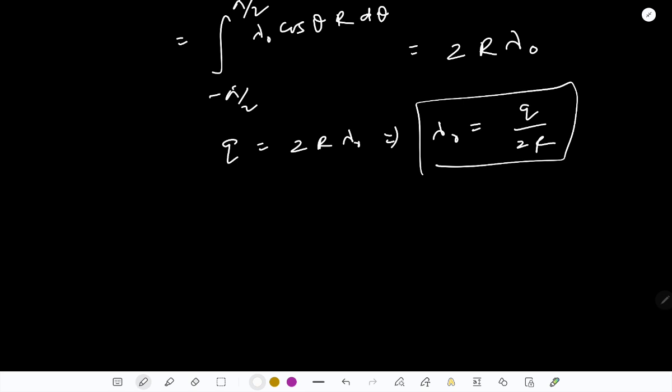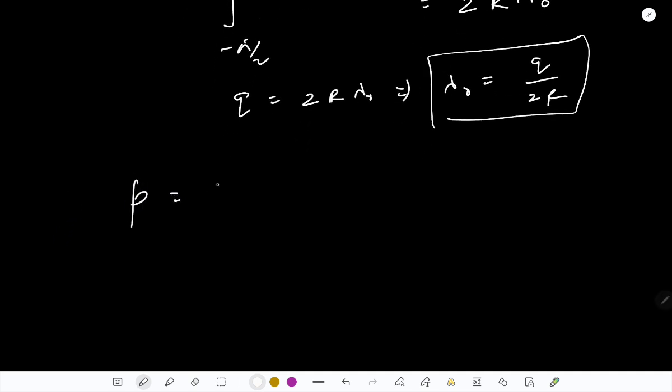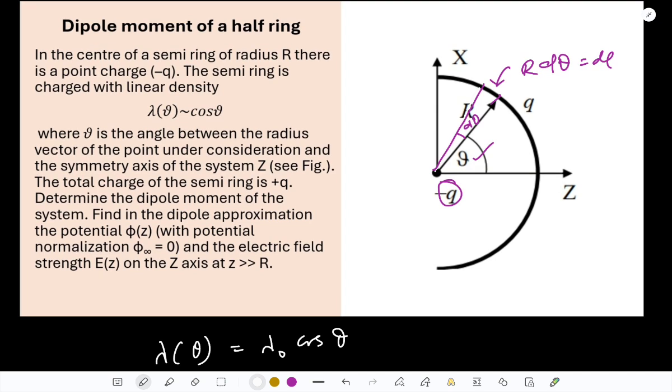Now determine the dipole moment of the system. We already know that the system is electrically neutral, so its dipole moment can be found simply as the integration of lambda r dl. Due to the symmetry of the system, the projection of the dipole moment on the x-axis is 0, and the dipole moment is directed along the z axis.